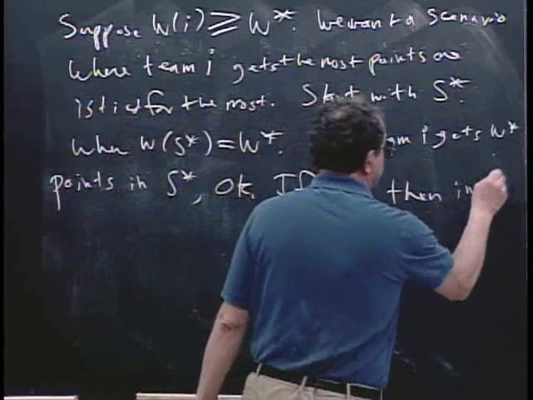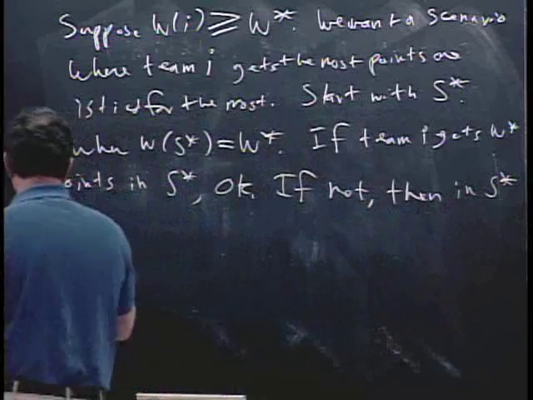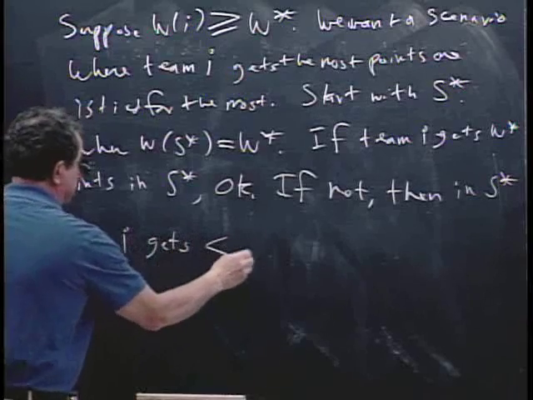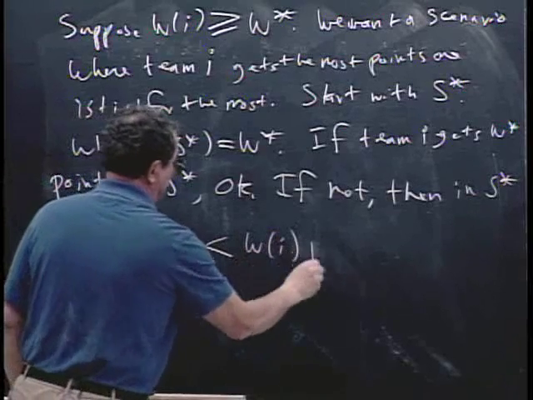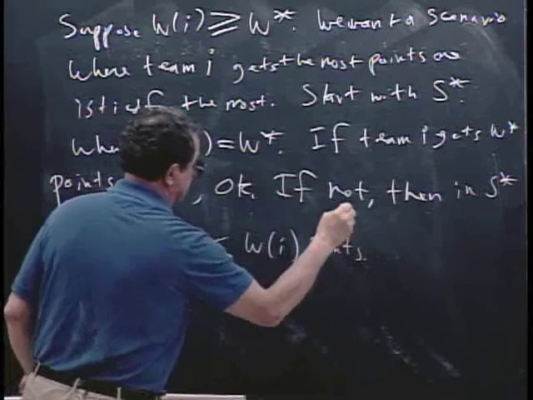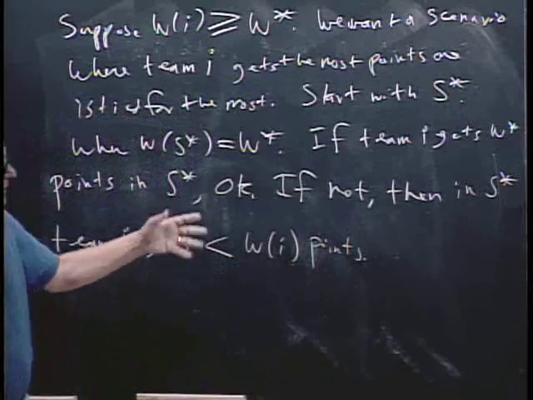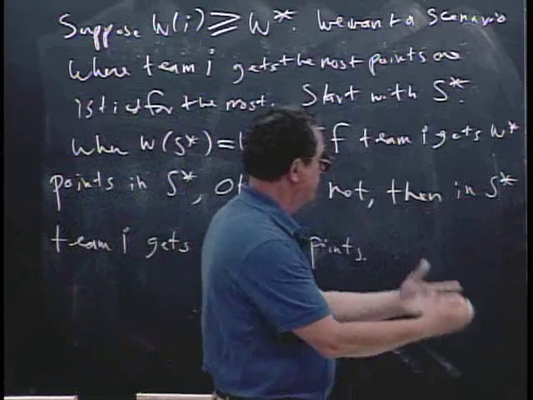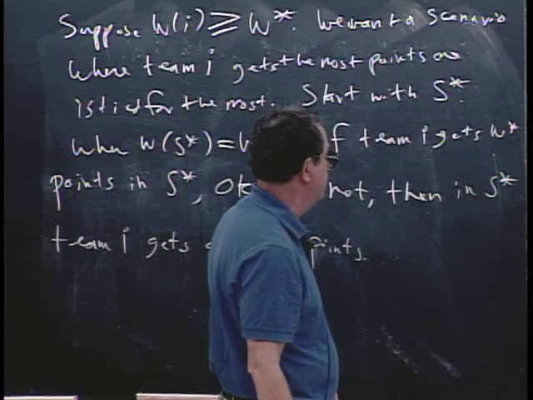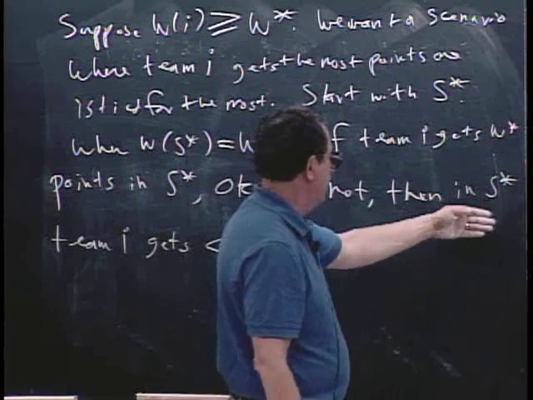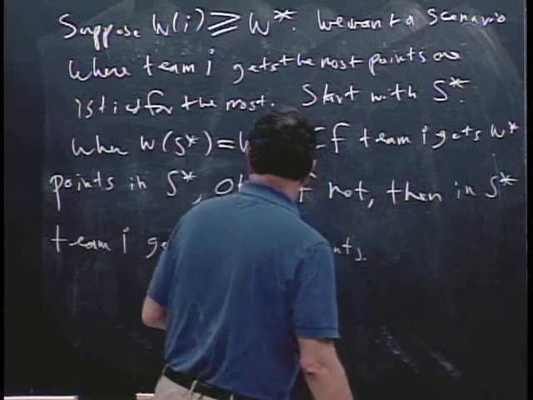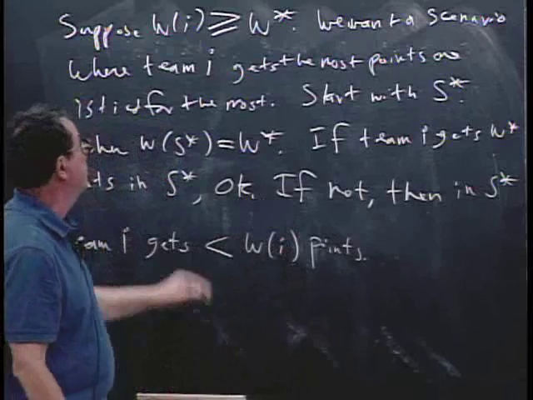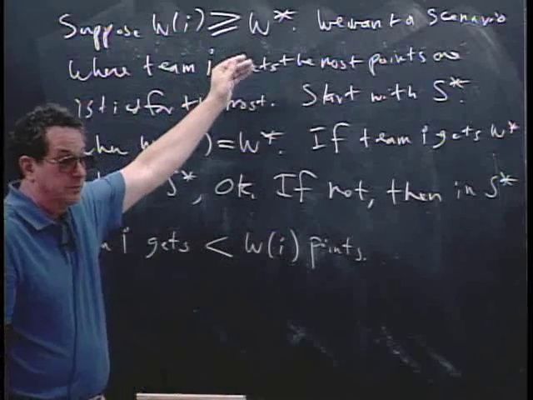Then in S star, Team I gets less than WI points. Okay? So again, in S star, there's some history, some outcomes, which payoff pairs happened for which games, and when you look at what happens to I over all of those, I gets less than WI points.